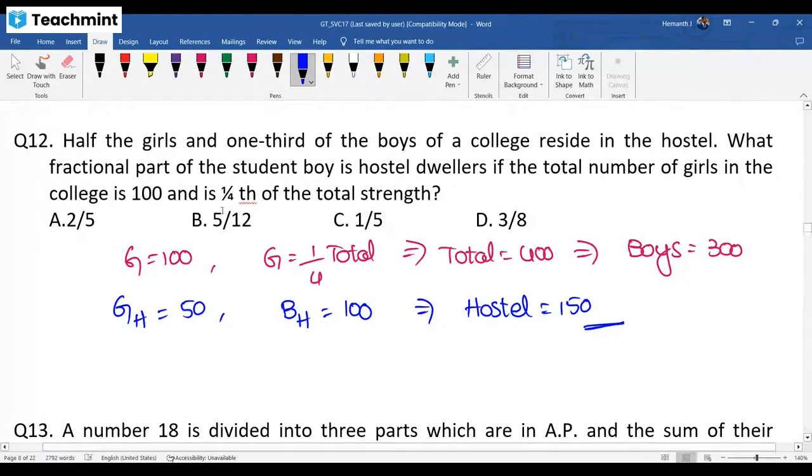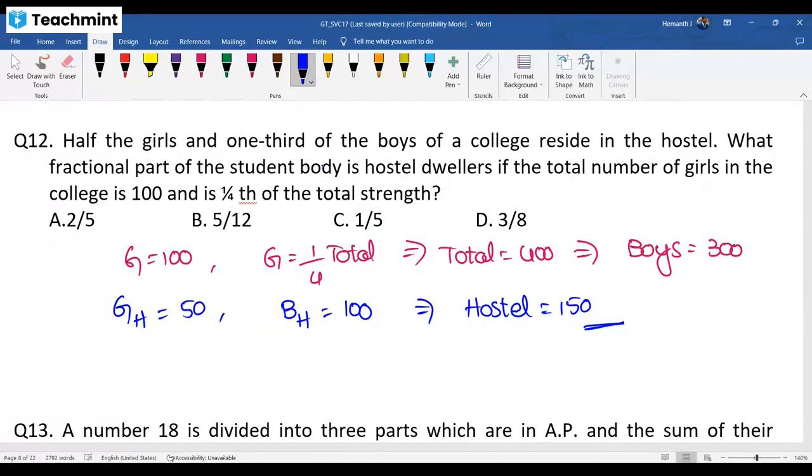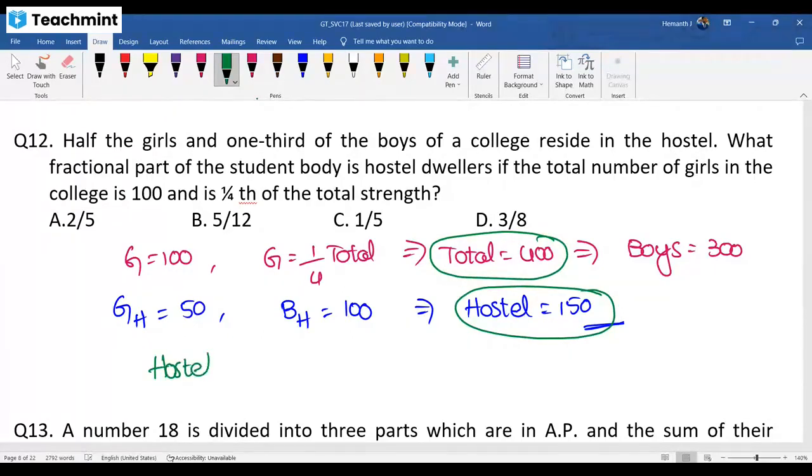What fractional part of the student body is hostlers? This is actually student body only. So out of total students, what is the hostler strength? Hostel students out of the total student body. Hostlers are 150, and the total is 400.